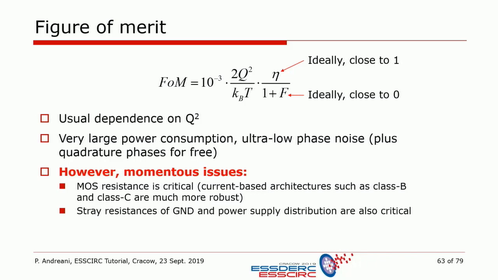And also other issues like the stray resistance of the ground and power supply distribution are very critical. And also we have large internal voltages: basically we start with a very low power supply, which is what we have in CMOS, like 1 volt, and we can actually develop a few times this voltage in the internal nodes.